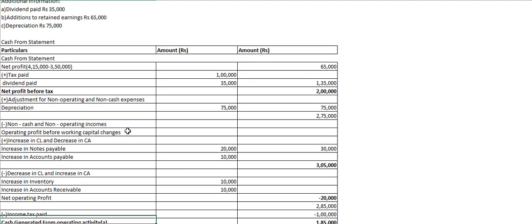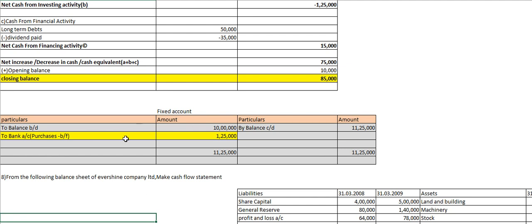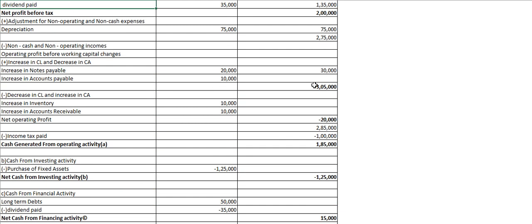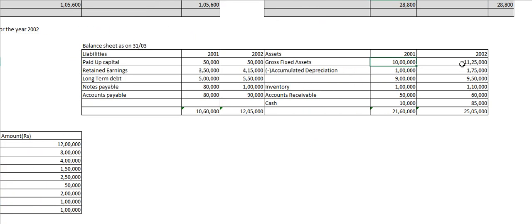Now, if you see, we just have the depreciation. So let's do the fixed asset account. Your opening and closing balances, given in the question, are 10 lakhs and 11,25,000.